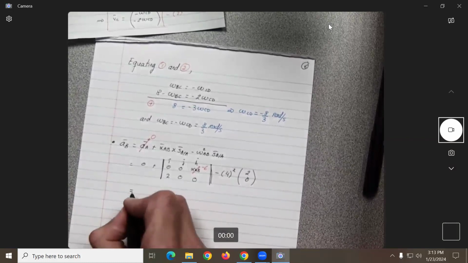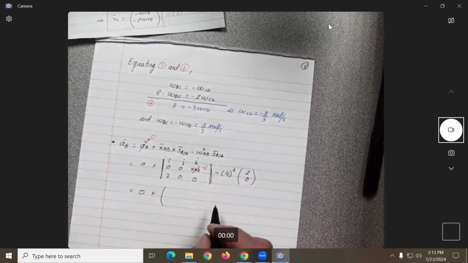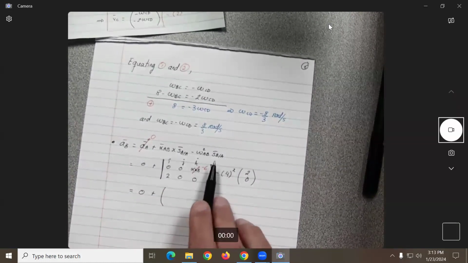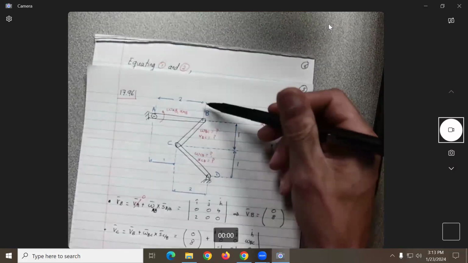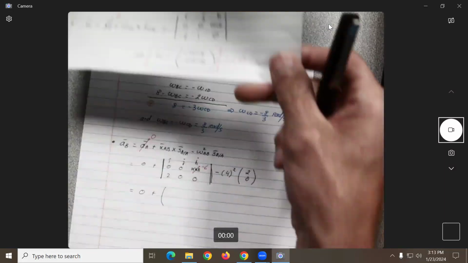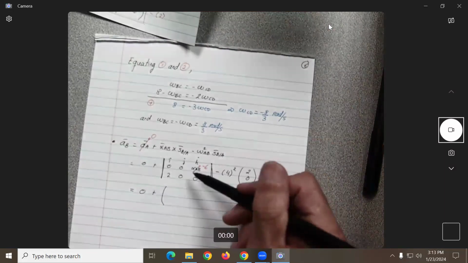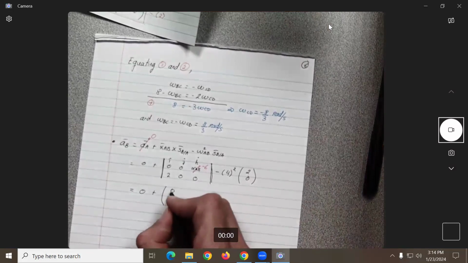Okay, so if we do this calculation, what do we get? What would be the tangential? If you think about it, the tangential should only have a component in what direction? On the y, no? And that's what the math is going to give you. So the x is 0, 0. And this should give you 0, -12.